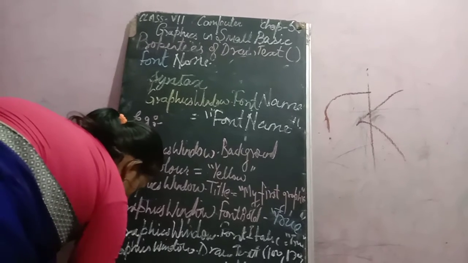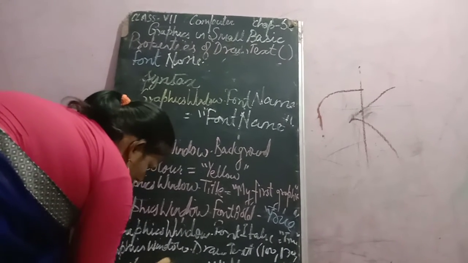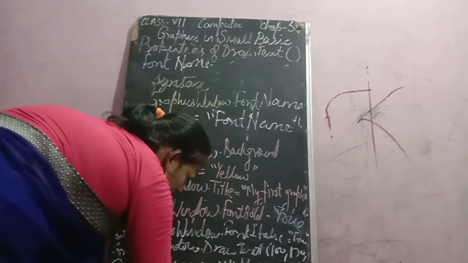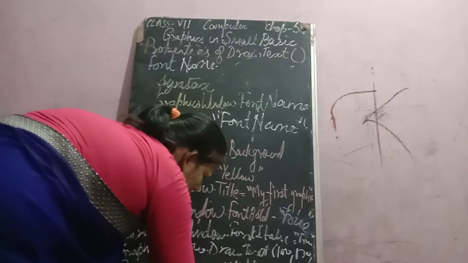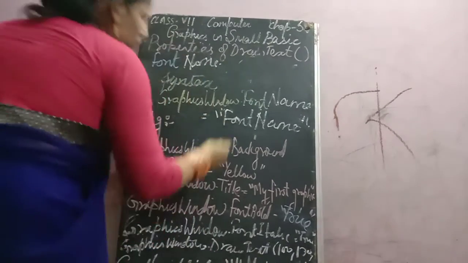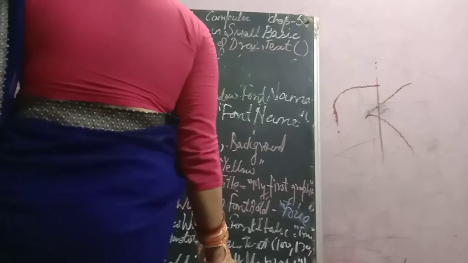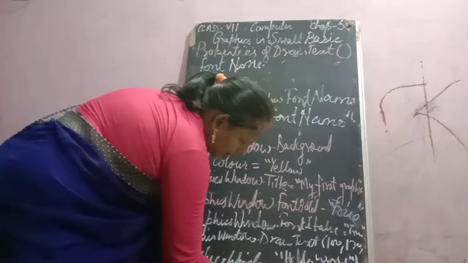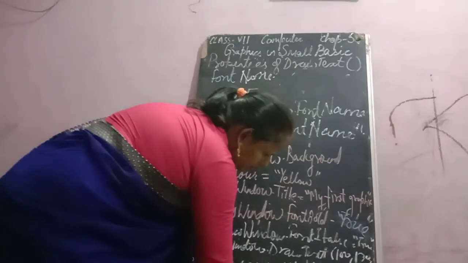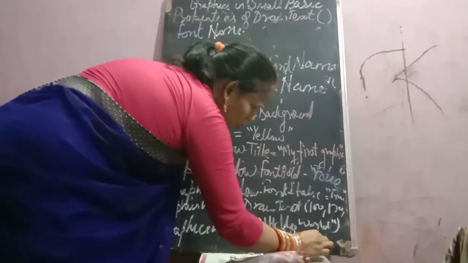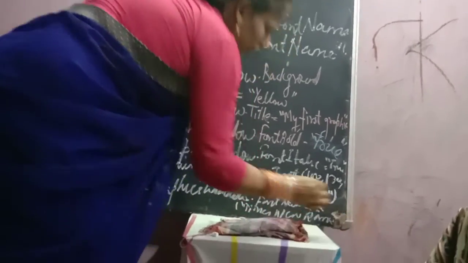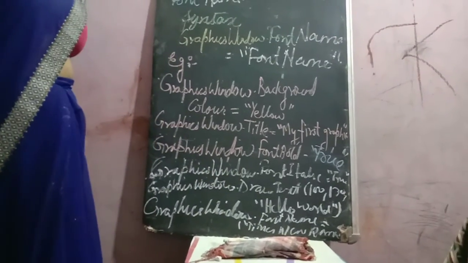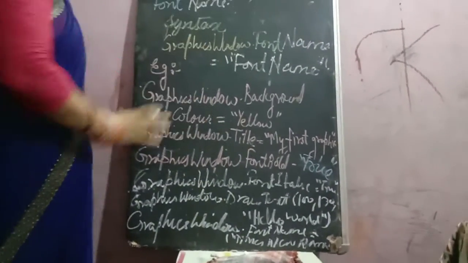Graphics window dot font name is equal to, you can give any name. I am writing here Times New Roman. This is a very general format.